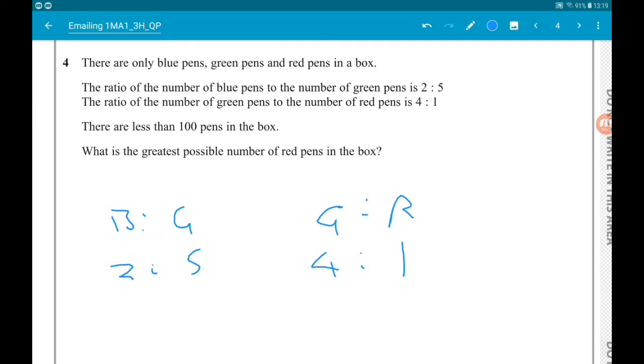Okay, now we're told there are less than 100 pens in the box. What is the greatest possible number of red pens in the box? Okay, so what we're going to need to do is combine these two ratios into one.